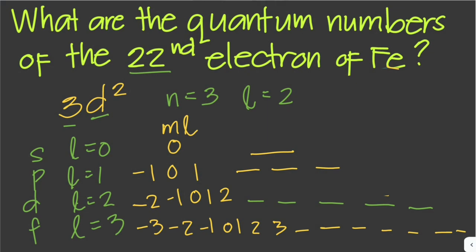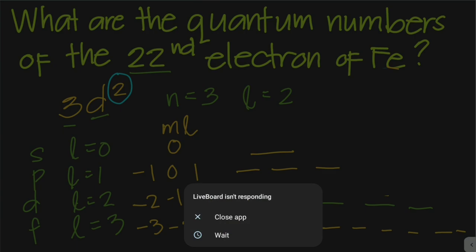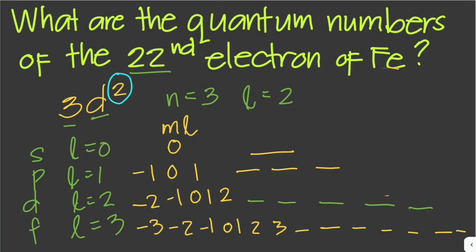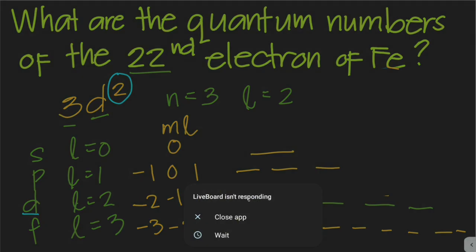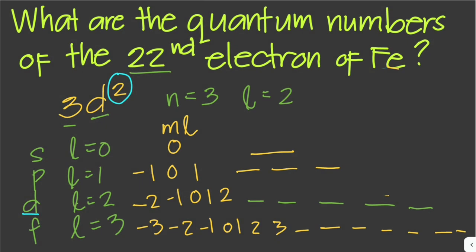Now let's determine the value of ML. Alright, we're dealing here with 2 electrons because we are only asked for the 22nd electron of iron. So for d orbital, the values of ML could be -2, -1, 0, 1, and 2. But we only have 2 electrons here, so let's fill in the sublevels.